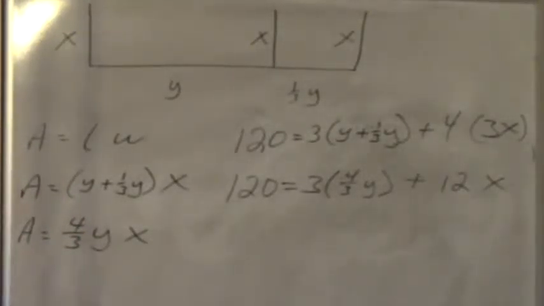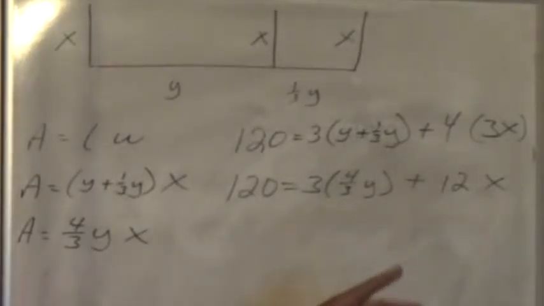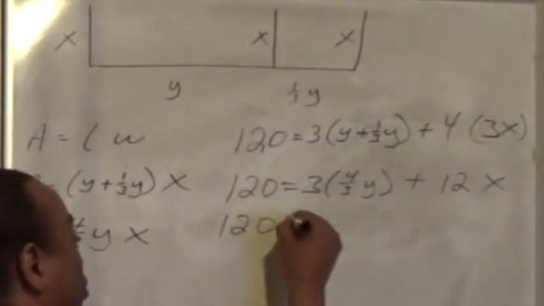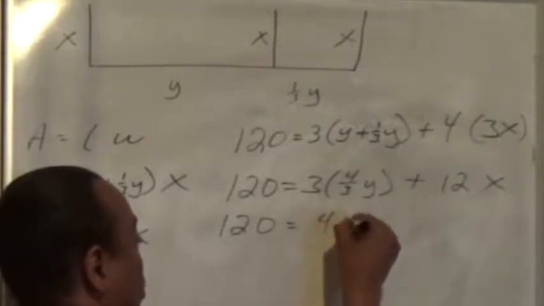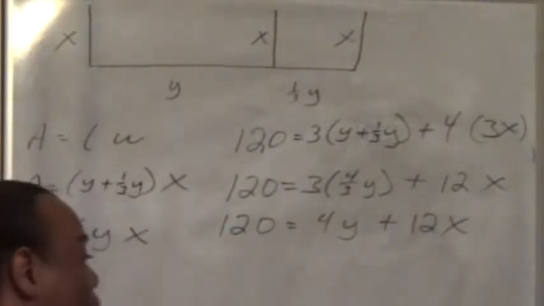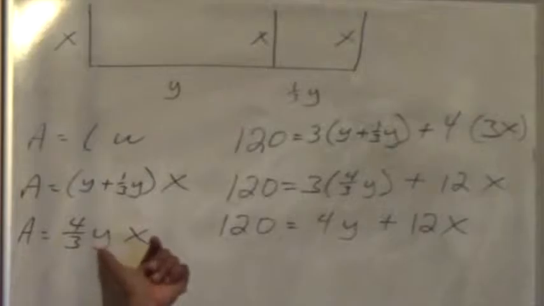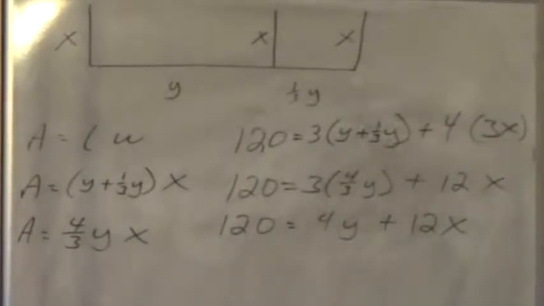From here, the multiplying 3 and the dividing 3 cancel, and I'm left with 4y. From here, I'm going to solve for y so I can replace this y here and make everything in terms of x.